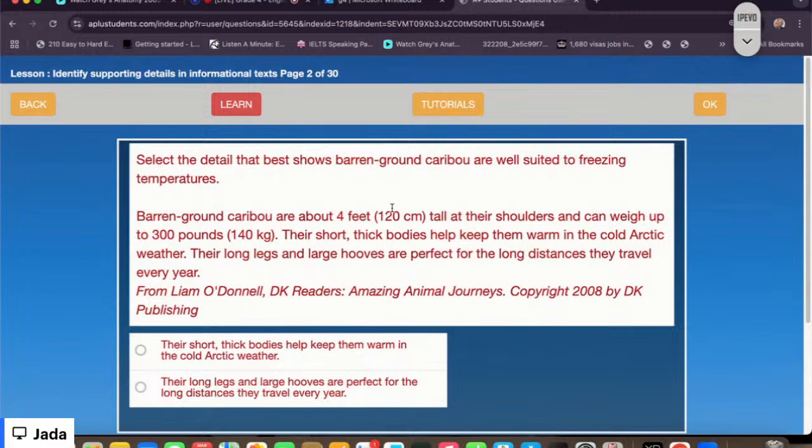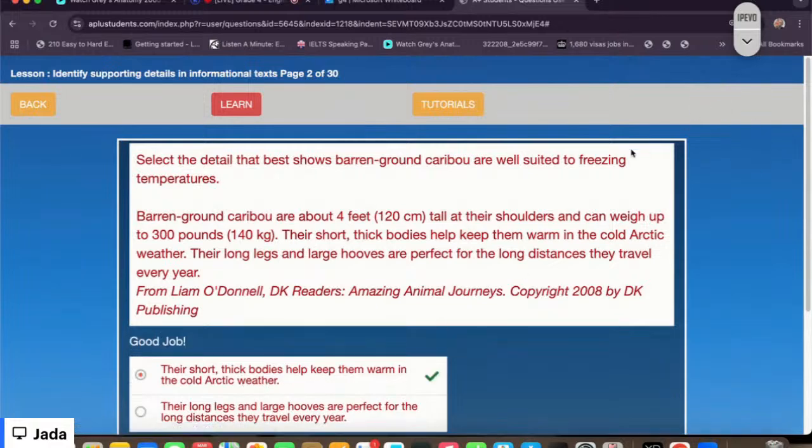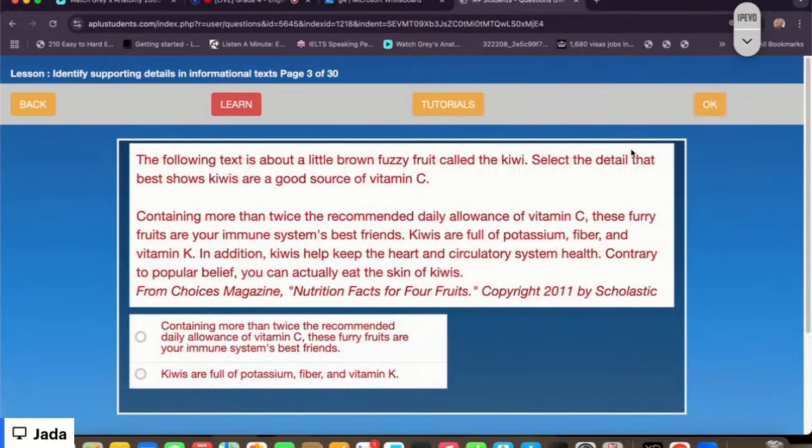Their long legs and large hooves are perfect for the long distance they travel every year. So let's look at this. Their short, thick bodies help keep them warm. All right, that's great because it's talking about them being suited for freezing temperature.